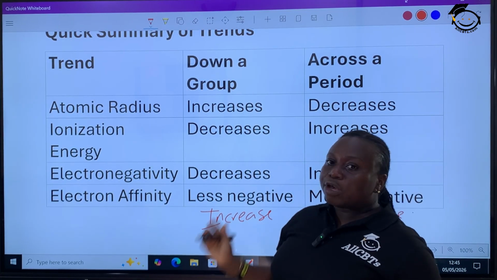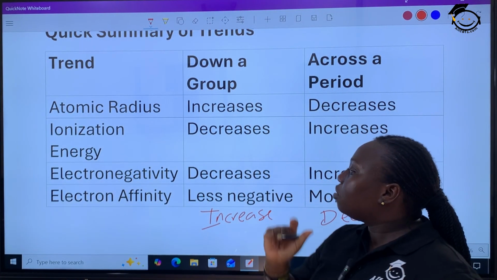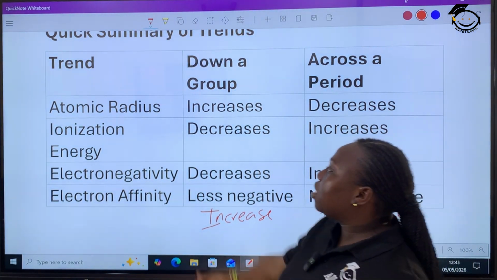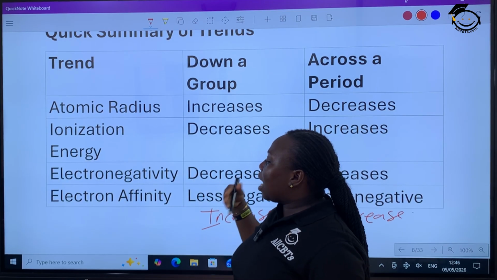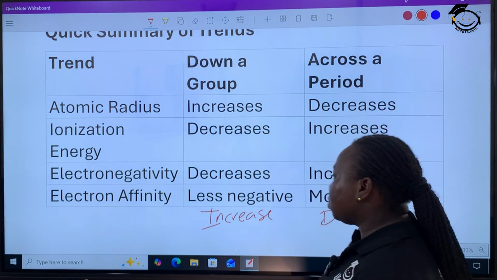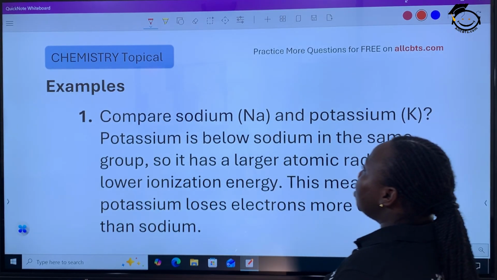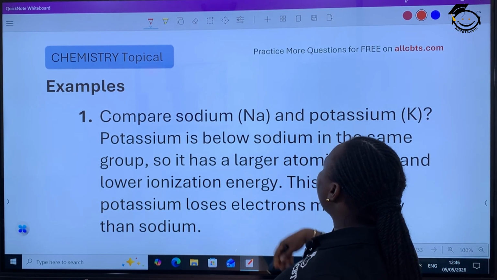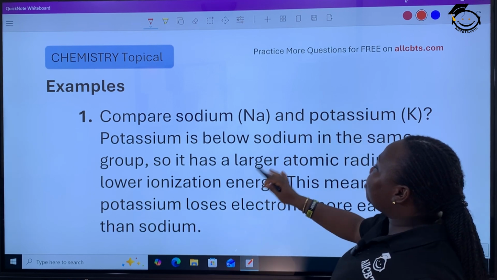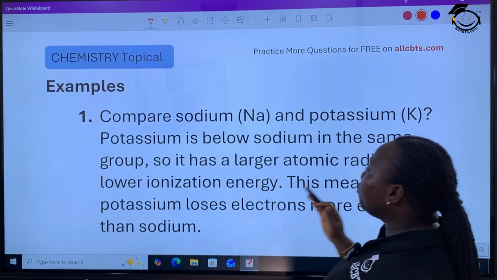Now this is a very quick summary of the trends. So we have seen 4 major trends. We have seen atomic radius, ionization energy, electronegativity, and electron affinity. Now examples. If we compare sodium and potassium, potassium is below sodium in the same group.